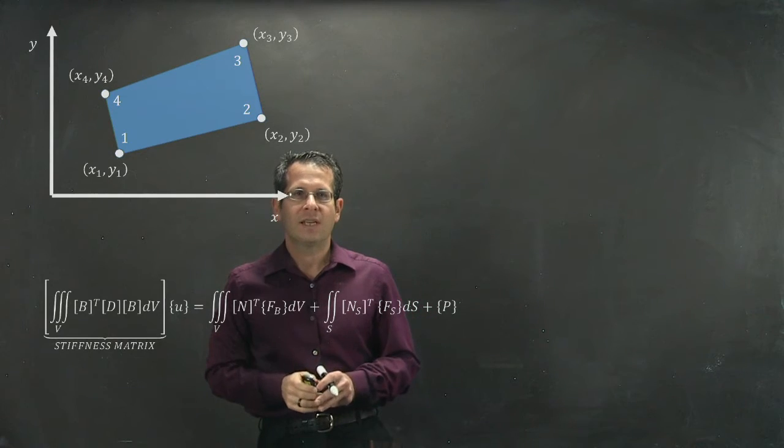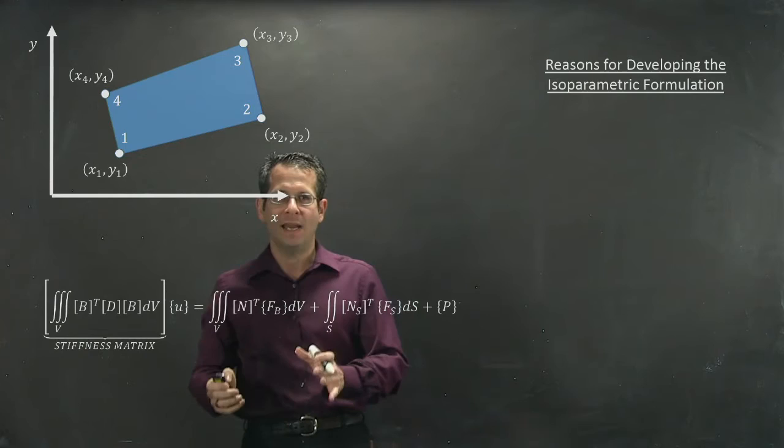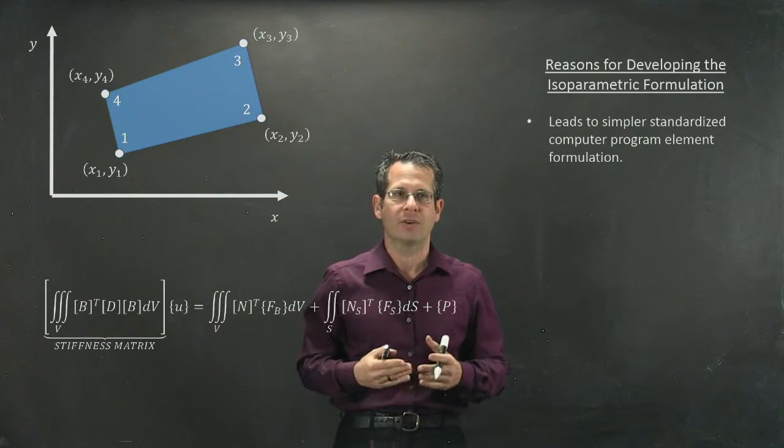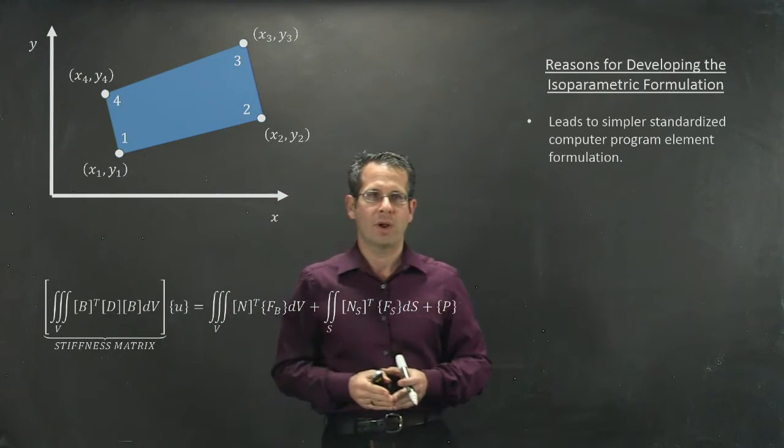So the main reason for developing the isoparametric formulation is, again, so we can write computer programs using a standard algorithm that will work for all of our general quadrilateral elements.